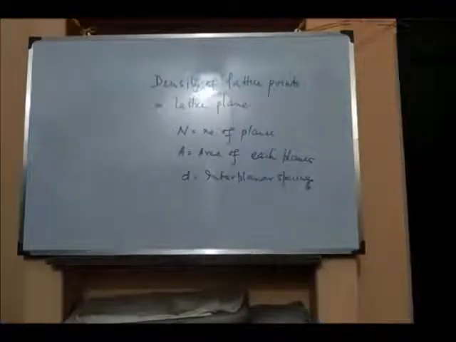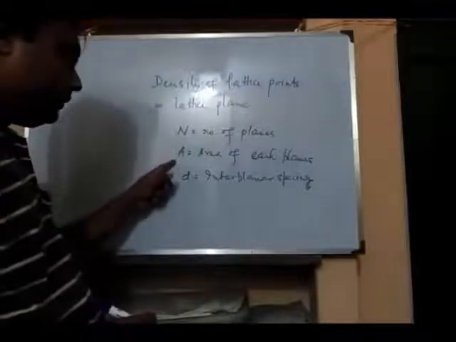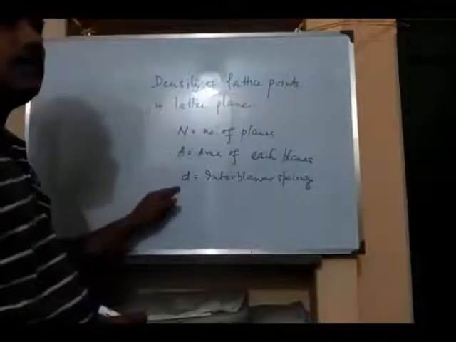Now, what is the volume of this lattice space? There are N number of planes, each of area A, and D is the interplanar spacing.